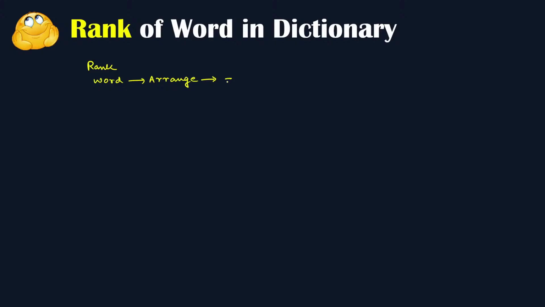So you place all those words in the dictionary, and the word which is given to us will come somewhere in this after placing the words. Naturally that word will also come and take some place. The rank means the position of this word from the first one. That's what is called your rank. Is it clear? Okay, let me take one example.